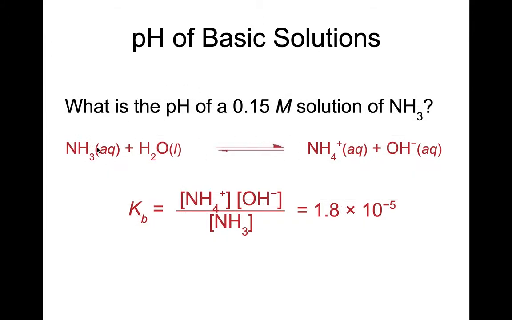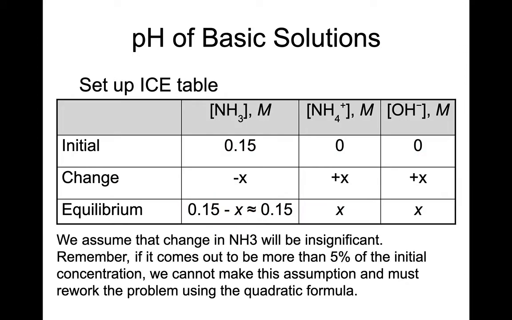So however many of these react and dissociate is equal to the number of products they produce. And then we can get our equilibrium values down here for our table. The products, of course, are easy, 0 plus X. Their concentration at equilibrium is going to be X.